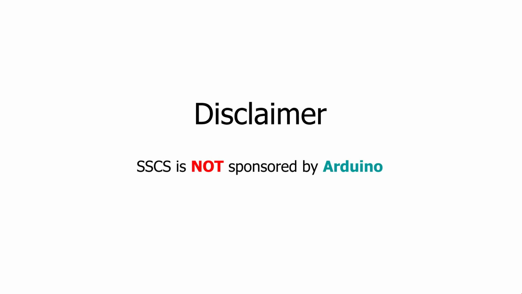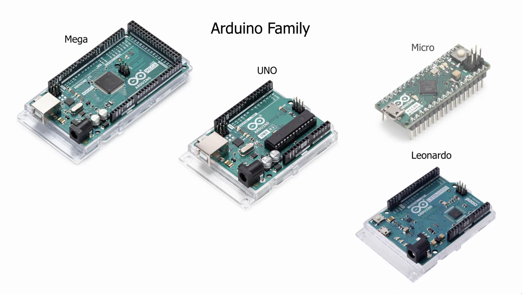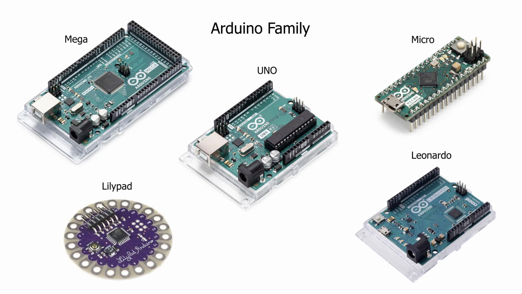We simply value their contribution to the industry and believe their products provide a great platform to embark into the world of technology. Nevertheless, Arduino makes many different variations of microcontrollers. Think of a microcontroller as a small, pocket-sized computer that you can program to follow any set of instructions.